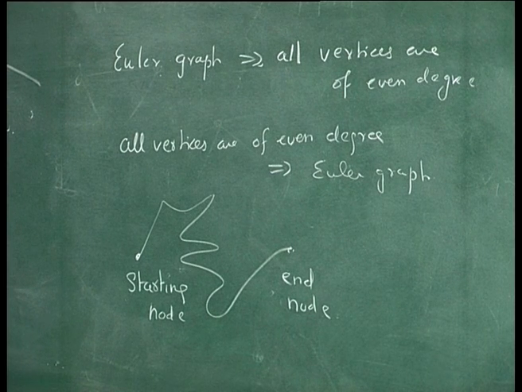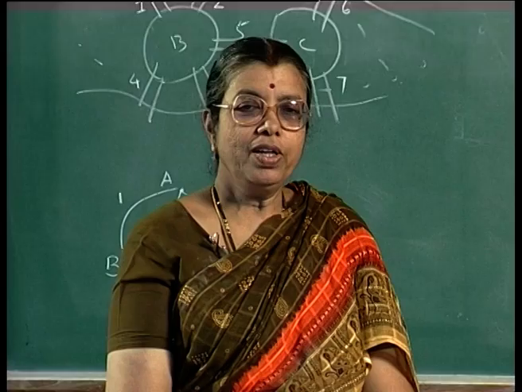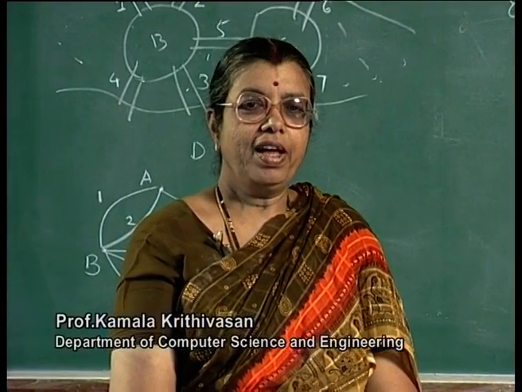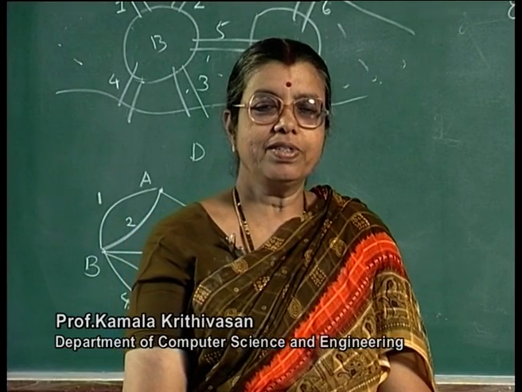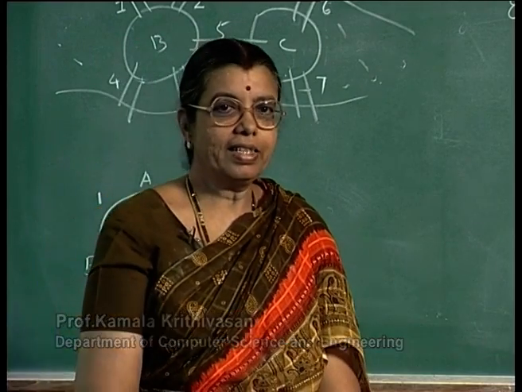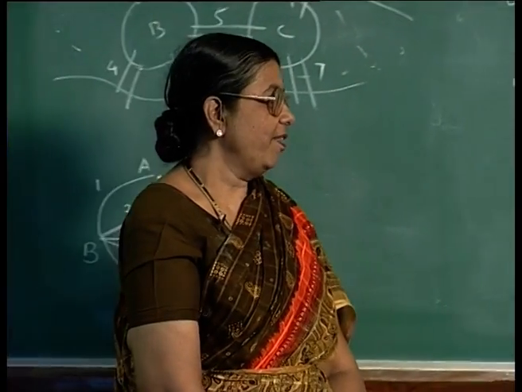We may relax the condition a little bit. A closed walk should cover all the edges of the graph, and it has to start and end at the same vertex. Then it is called an Euler graph.